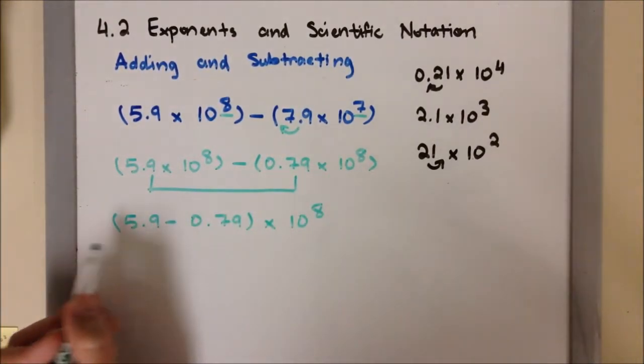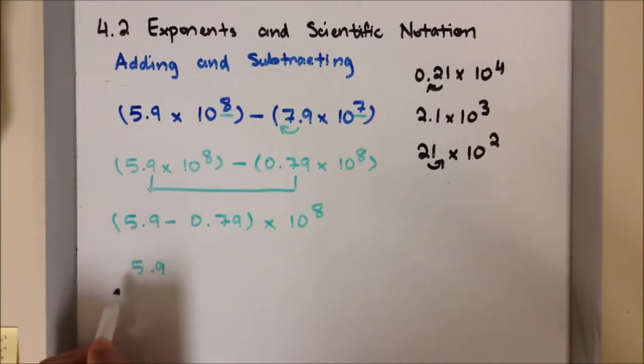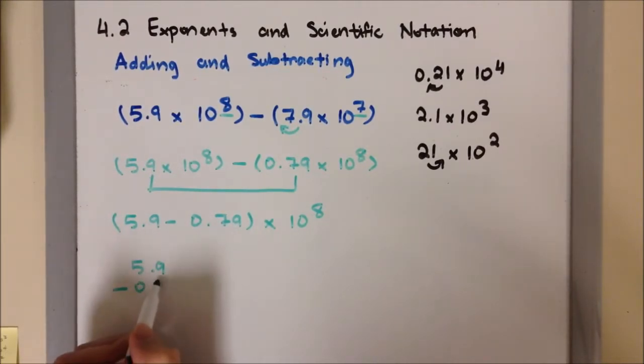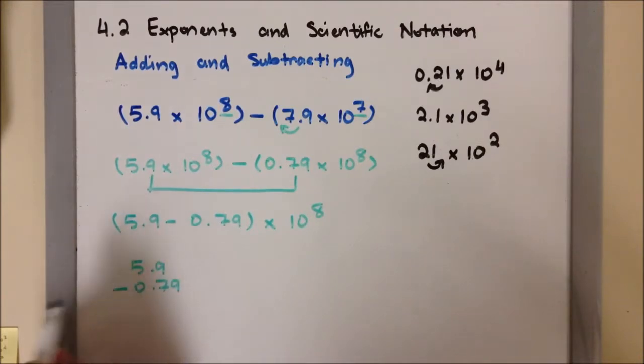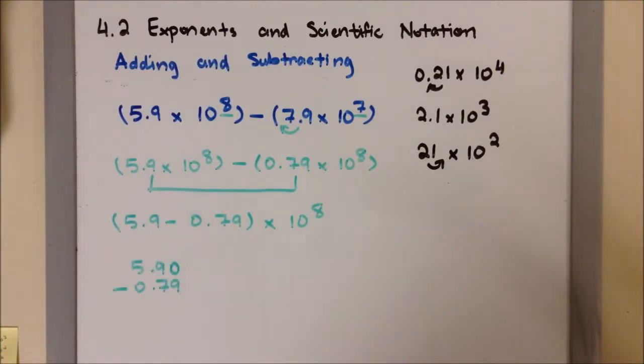Now I'm going to line up my decimal when I'm subtracting. So 5.9 minus 0.79. Just like before, my 5.9 only has one decimal place, whereas 0.79 has two decimal places. So I'm going to add a 0 behind 5.9. So instead of 5.9, it's actually 5.90.